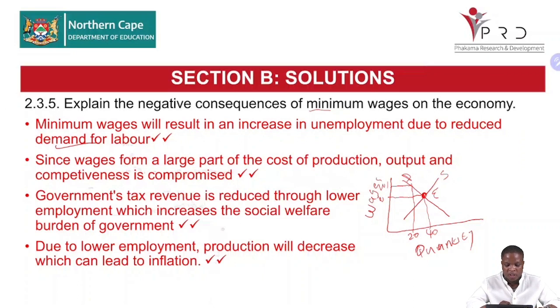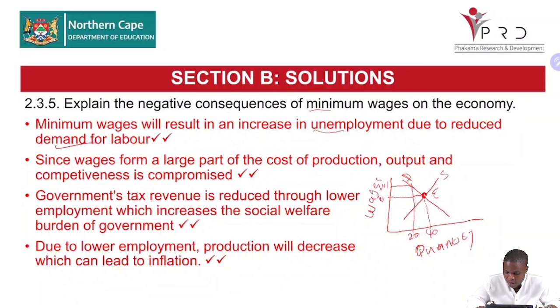Government tax revenue is reduced through lower employment. So if people are unemployed, they can't pay to the government. They pay as you earn tax, which increases the social welfare burden of the government. Due to the lower employment, production will decrease, which can cause what we call cost-push inflation.